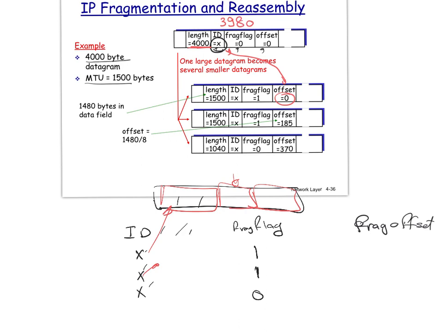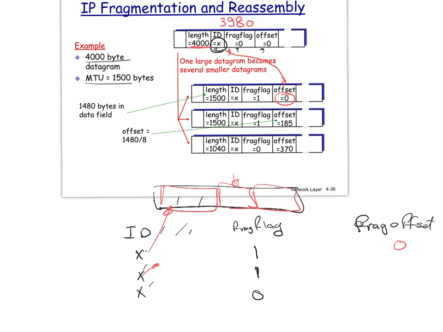Excluding 20 for the header, it's 3,980. Is there anyone who doesn't understand how this came about? So the fragment offset of the first fragment will be 0 naturally.